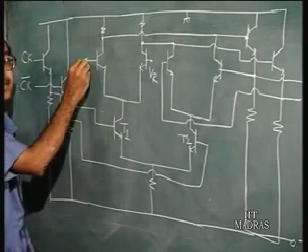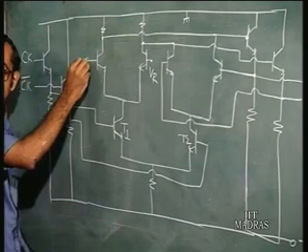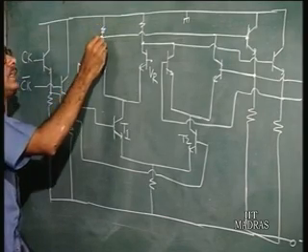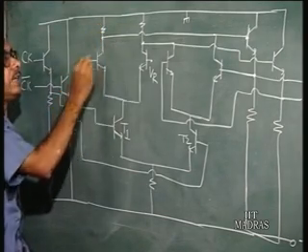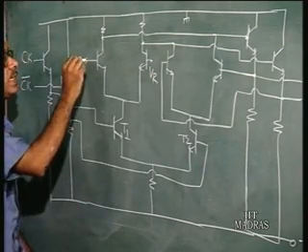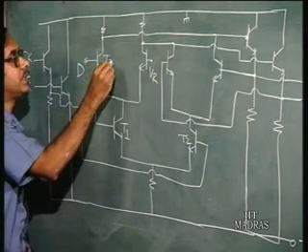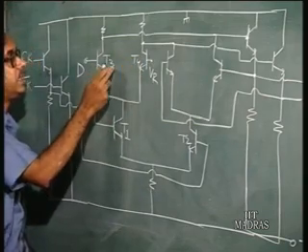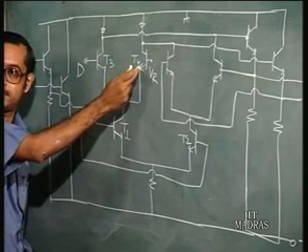If D is high, then this output, okay, again D and V are the two inputs, just like an ECL gate. If D is high, then say we call this T3 and T4, T3 is on, T4 is off, okay.